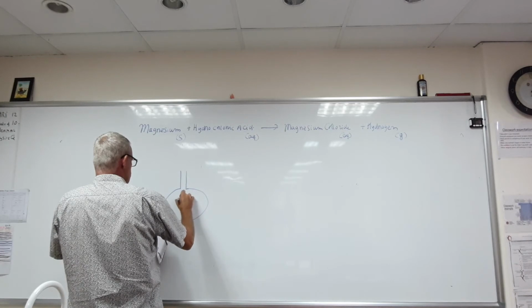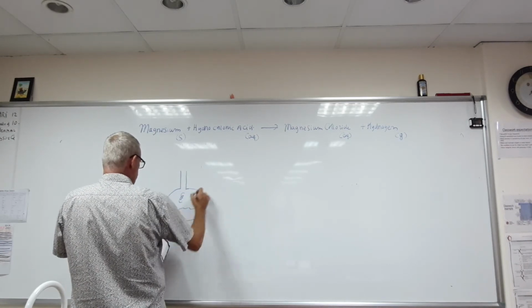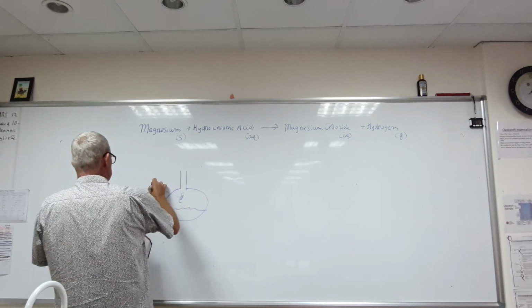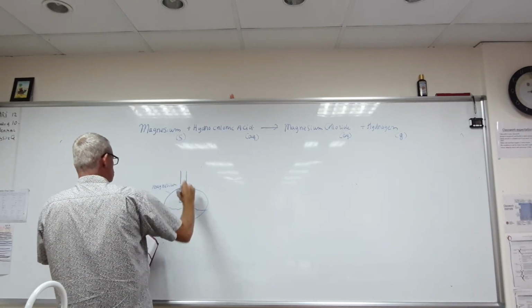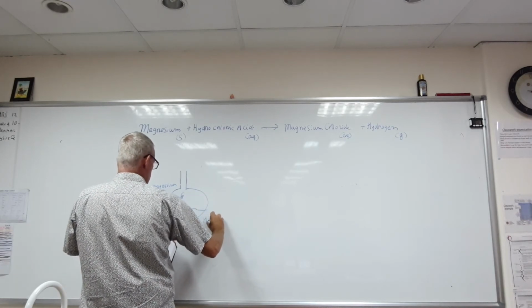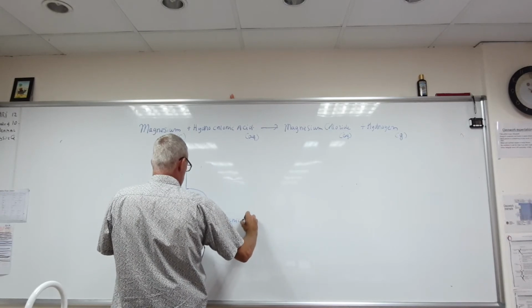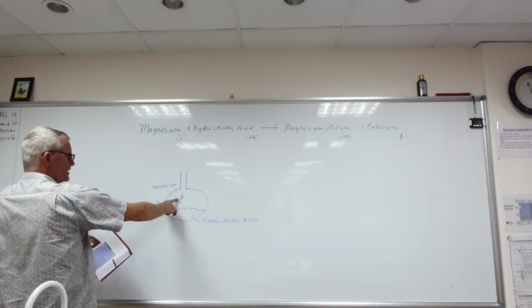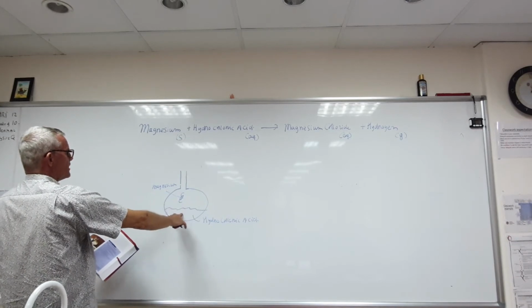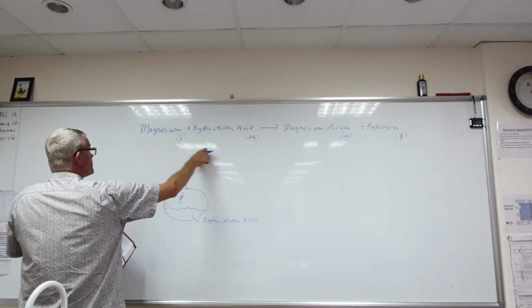What we do is we add magnesium to hydrochloric acid. We put the magnesium in the hydrochloric acid and then we add a stopper with a syringe.